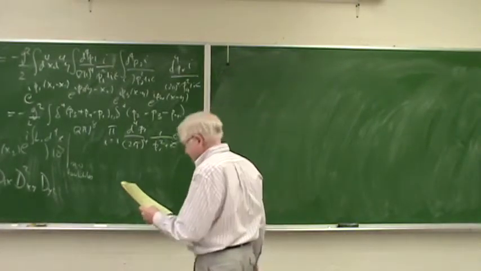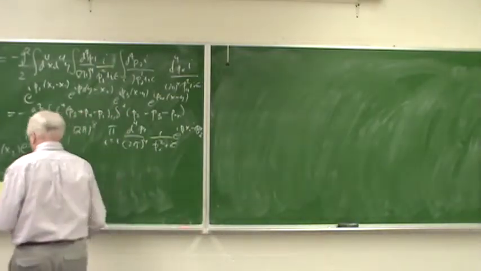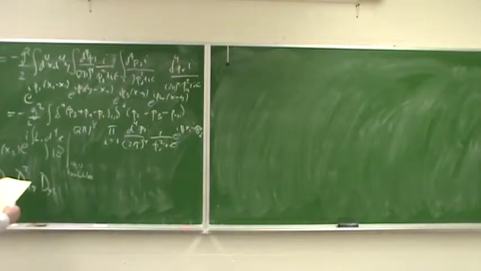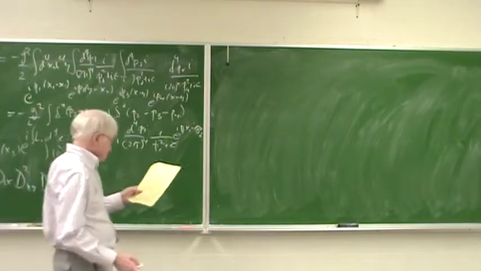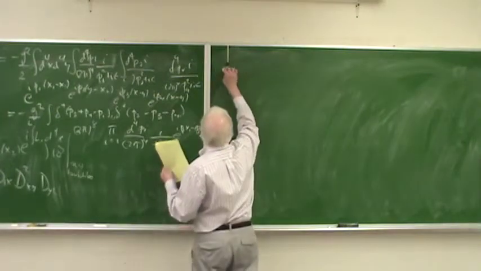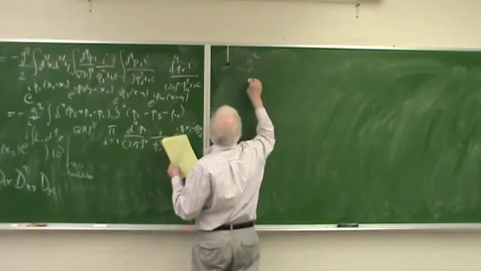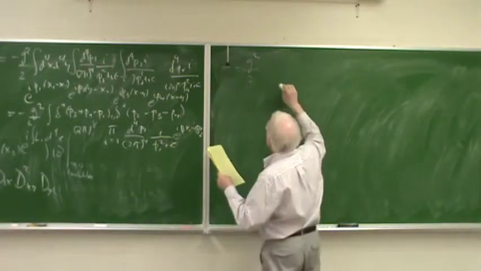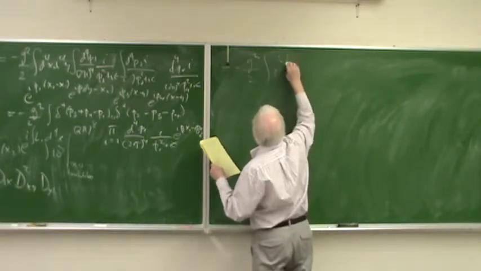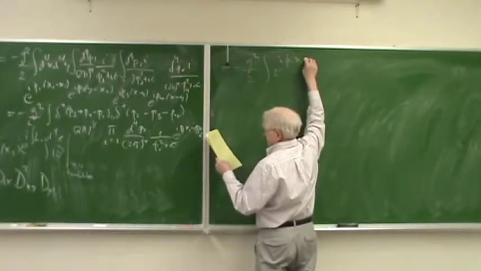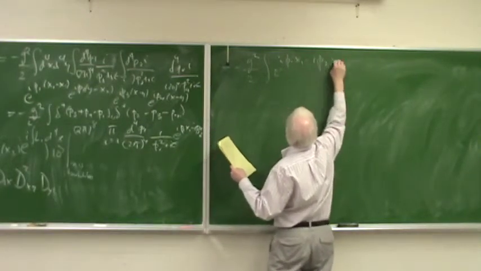All right, so let's do the P3 and the P4 integrals using the delta functions. And so that gives us minus g squared over 2 integral e to the i p1 x1 minus i p2 x2.